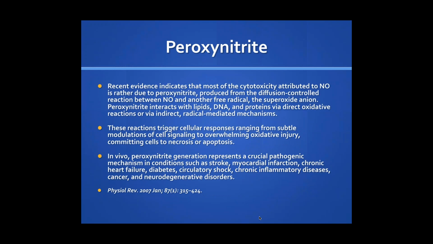These reactions trigger cellular responses ranging from subtle modulations of cell signaling to overwhelming oxidative injury, committing cells to necrosis or apoptosis. In vivo, peroxynitrite generation represents a crucial pathogenic mechanism in conditions such as stroke, myocardial infarct, chronic heart failure, diabetes, circulatory shock, chronic inflammatory diseases, and neurodegenerative disorders.